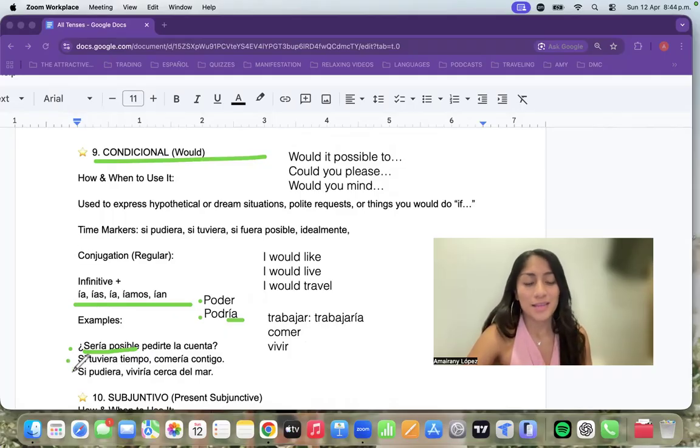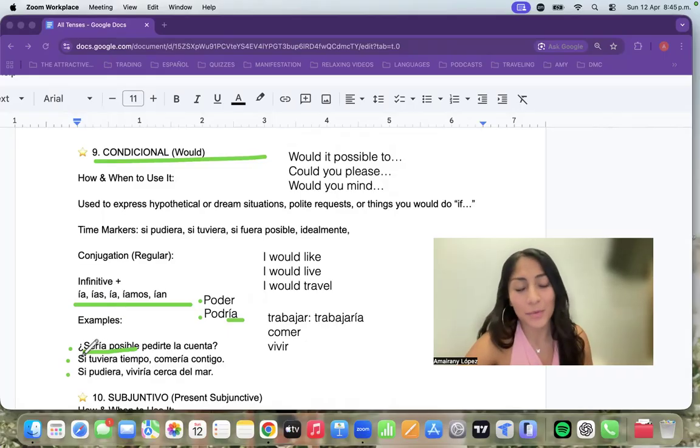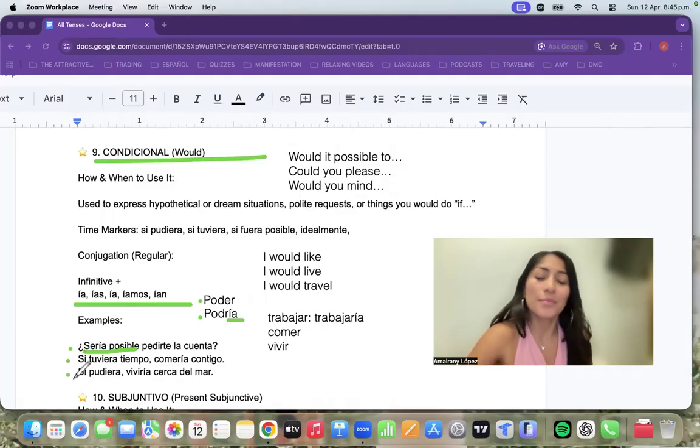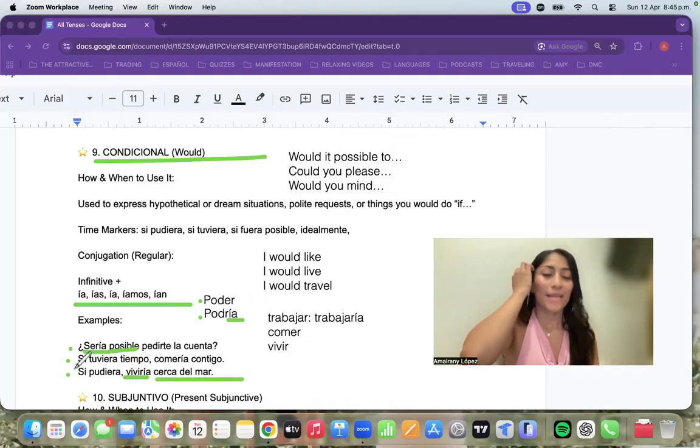Okay, si tuviera tiempo and si pudiera, they imply a situation that's hypothetical. Okay, so if I had the time or if I could, I would do this. So, si tuviera tiempo, if I had the time, I would eat with you. And si pudiera, if I could, I would live near the sea, close to the sea.